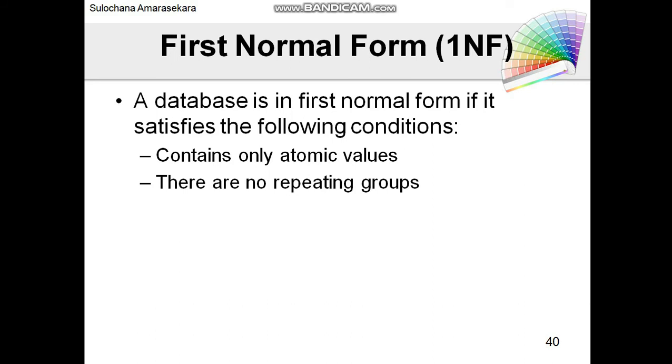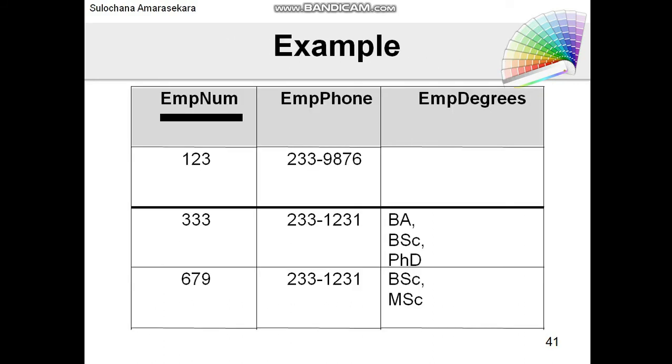I am going to use an example to explain this situation. You can see here the EMP number column is atomic. That means the EMP number column contains one value per cell. Likewise, the EMP phone column is also atomic. What about the EMP degree column?